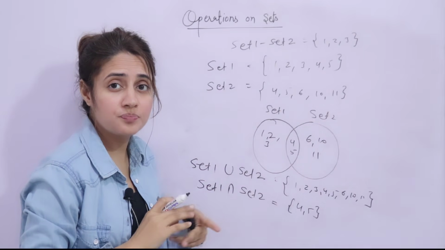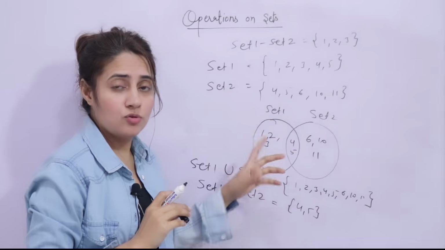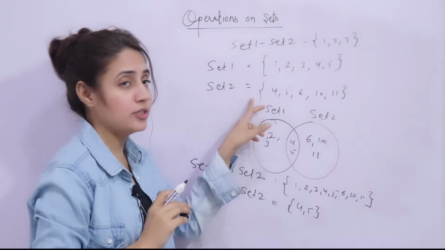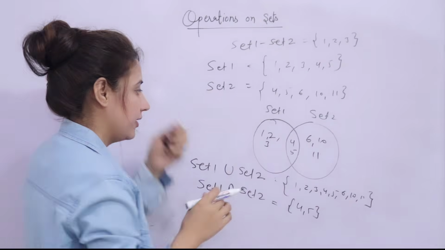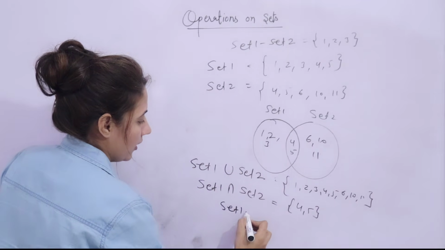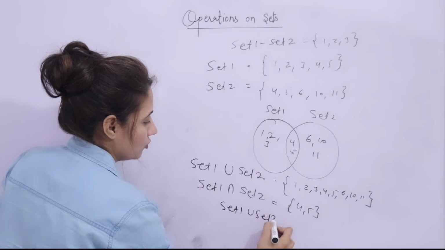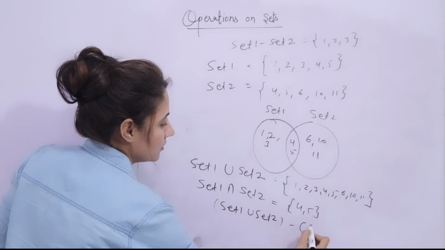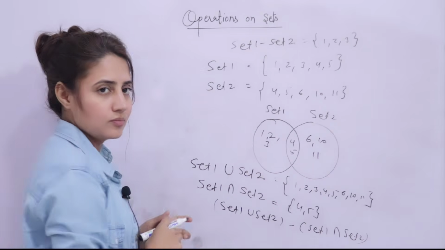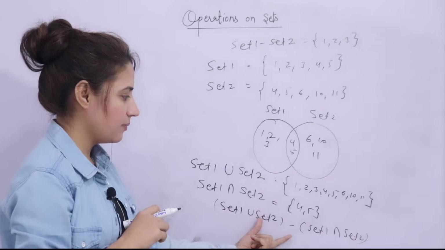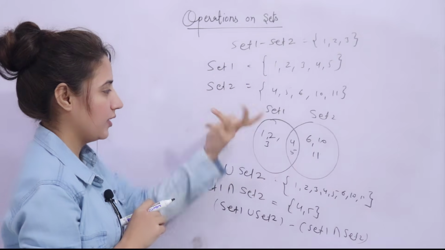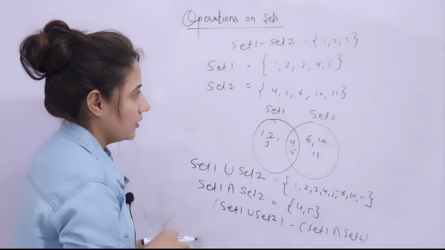Symmetric difference is what, the set of all the elements which are present in either set 1 or set 2 but not in both. Or we can write down something like this. Symmetric difference is what, set 1 union set 2 minus set 1 intersection set 2. In another way we can write down this is symmetric difference of set 1 and set 2, right?